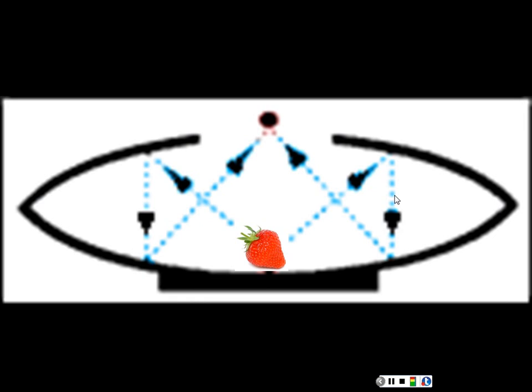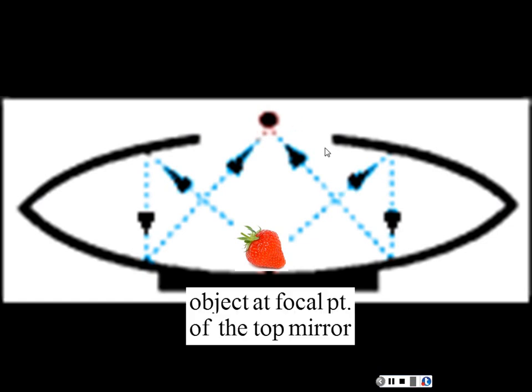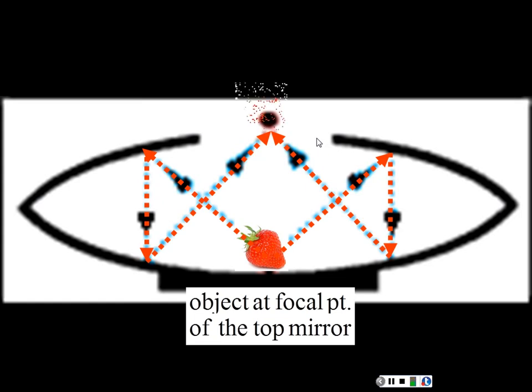And then these parallel rays rain down onto the second concave mirror, which also has the same focal length. And as these parallel rays come into that mirror, they converge on the focal point of the second mirror. Hence, you end up with a real image of the object at the focal point of the second mirror, and it appears like the object is there.